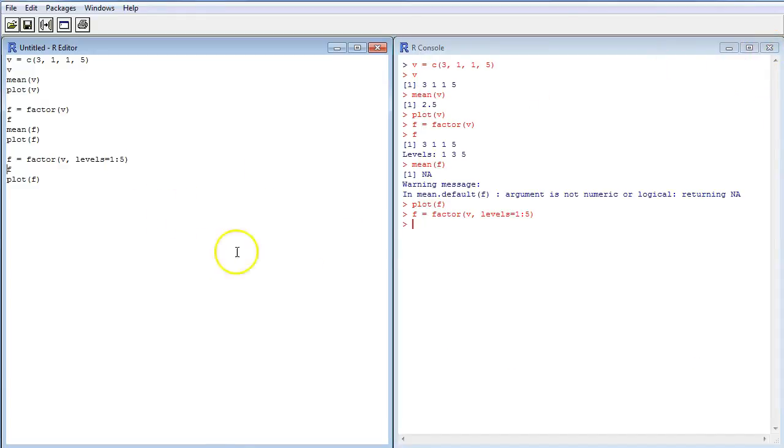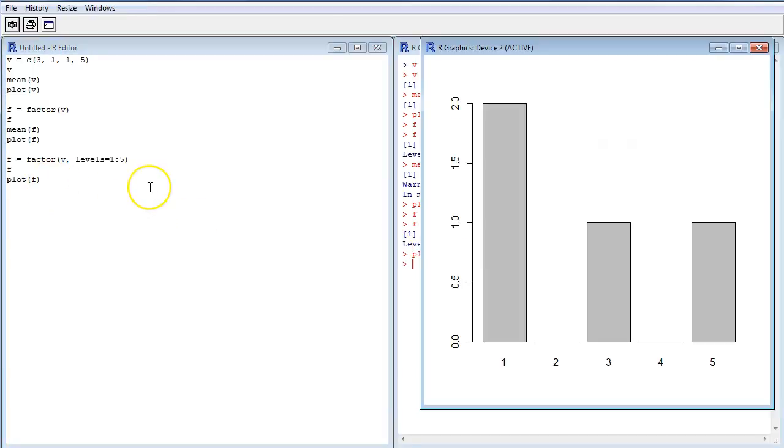If we look at f now, we get the same numbers, but as you can see here, we have levels 1, 2, 3, 4, and 5. And if we plot this factor, we get the bar plot once again, but we also have bars for the levels 2 and 4 with 0 height, because there are no occurrences on these two levels.